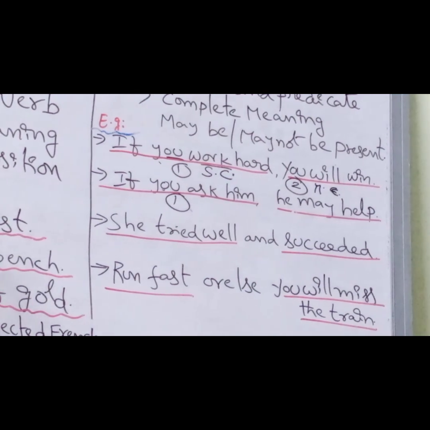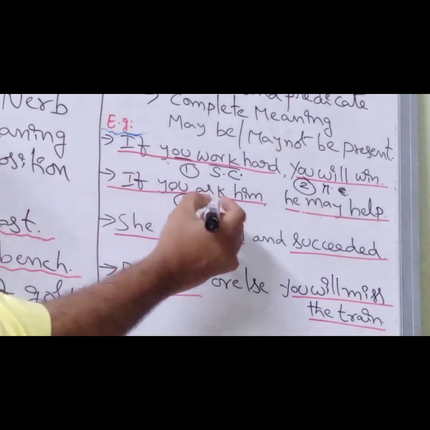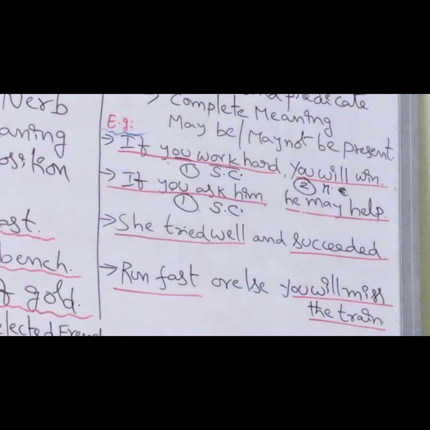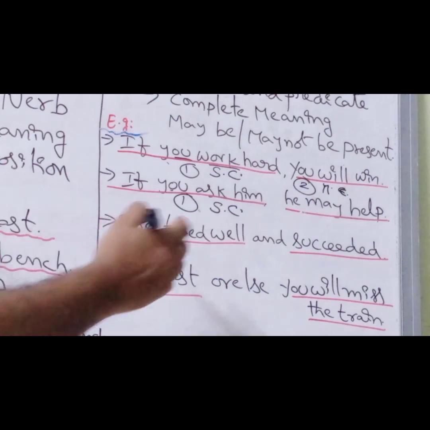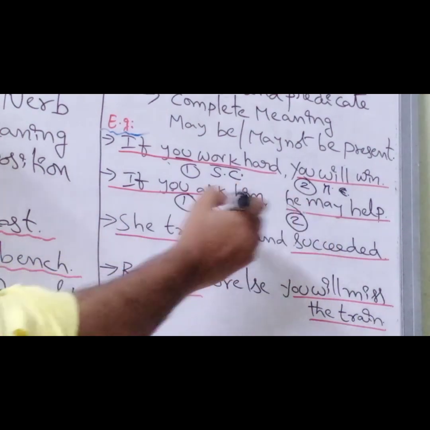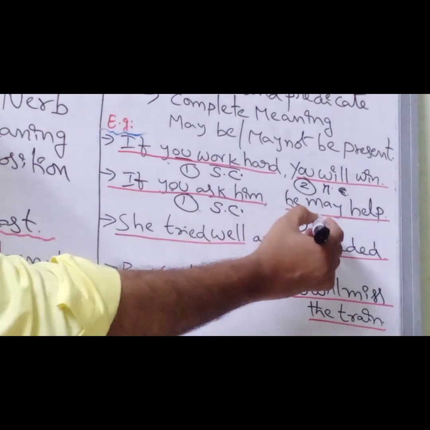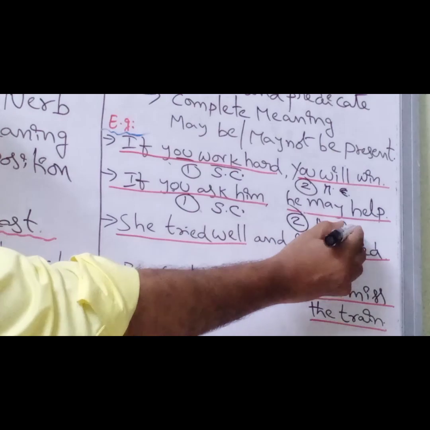So there is no complete meaning in part 1, so it is a subordinate clause or a dependent clause. And if you take the second part of the same sentence, he may help. Here, subject he, may help, verb, and complete meaning. All the three factors are fulfilled. That's why it is a main clause.